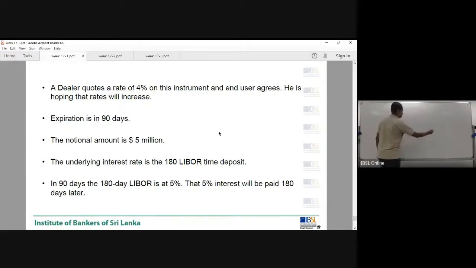So this is into the amount, 5 million. You get 24,309.